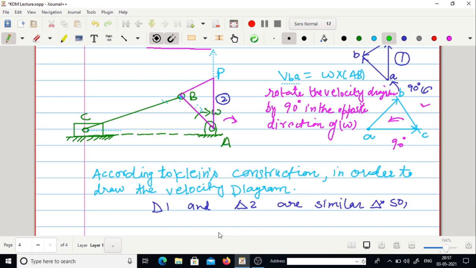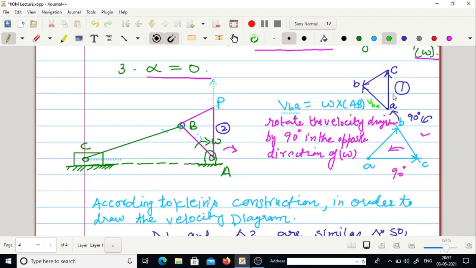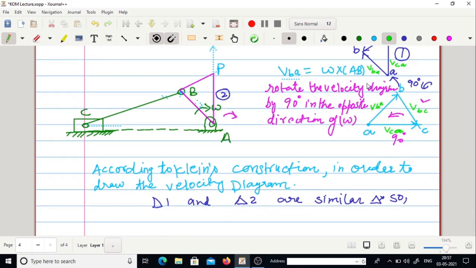With this similar triangle, let me also write the values: this arm represents the velocity of B with respect to A, this arm represents the velocity of C with respect to A, this represents the velocity of B with respect to C, like this, BC, CA and BA.